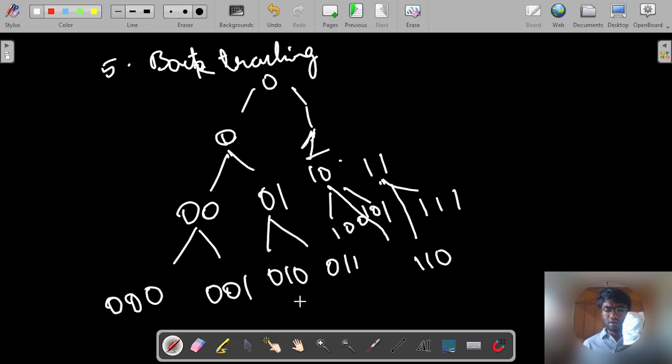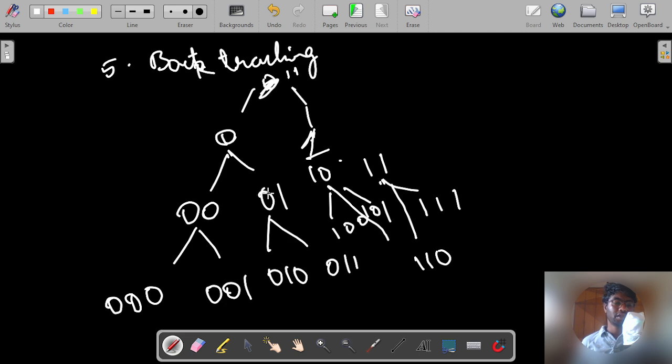So consider it this way. We can have common examples with backtracking, like generation of a binary number. As you can see here, we have a bunch of 3-digit binary strings generated from an empty string, let's say.